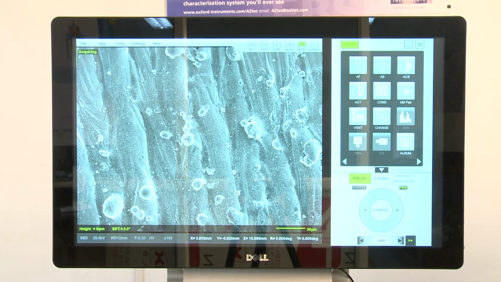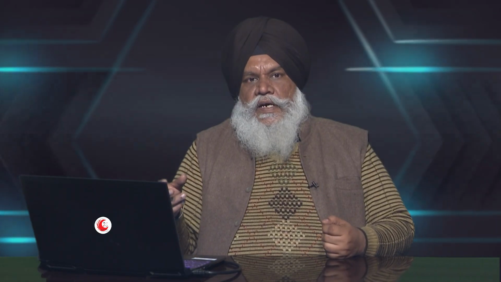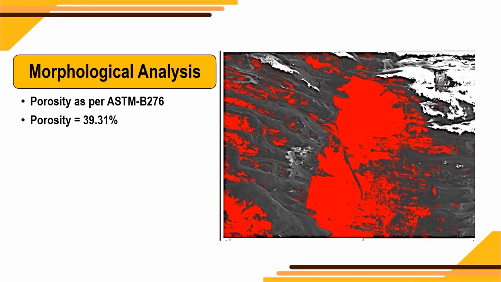And after getting the output, I am going to see what is the percentage porosity and what is the grain size number. For percentage porosity, I am going to use the ASTM B276 code, which is basically through image processing software. The software that I am using over here is MEAS, that is Metallurgical Image Analysis Software. And as per this code, I am getting a porosity value of something like 39%, right?